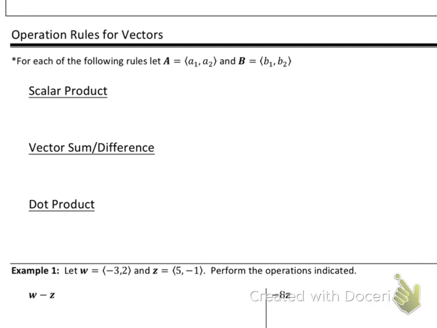Well, the way we're going to do scalar product is if we have some number, let's call it K, and that's my scaling effect on A. Remember, if K was 2, it would be twice as long. All we have to do is multiply that A sub 1 by K, and we're going to multiply that A sub 2 by K as well, and we now have a scalar.